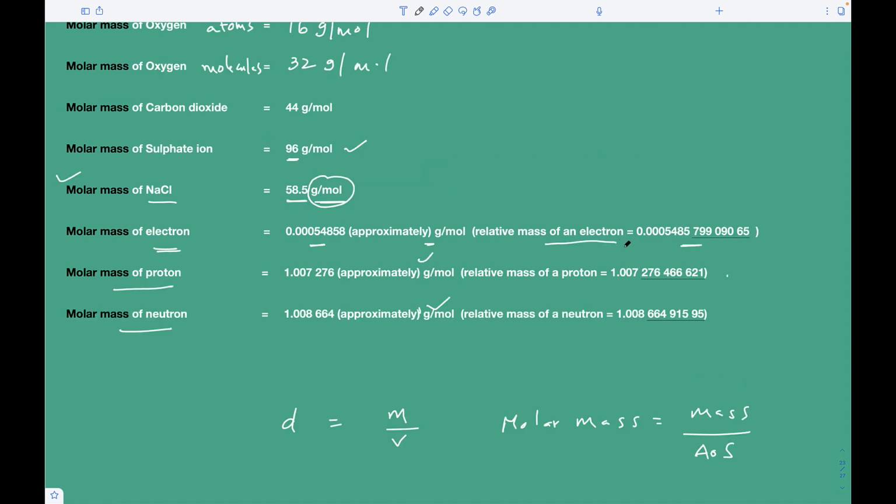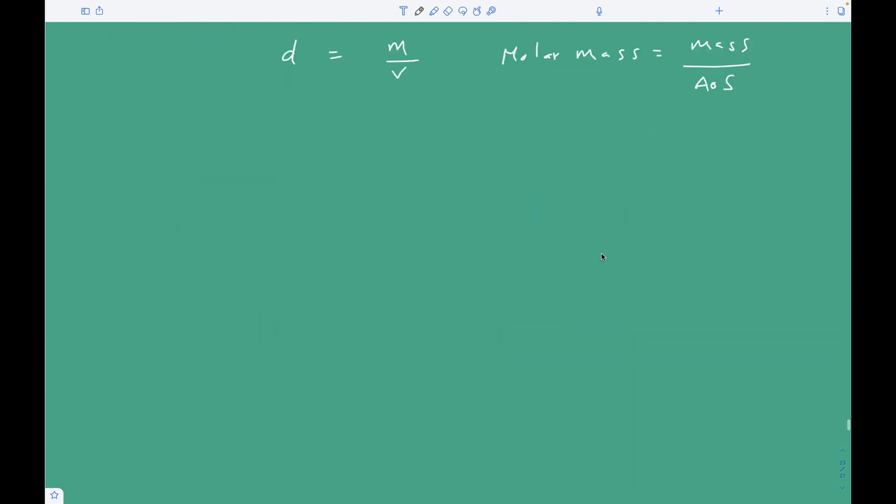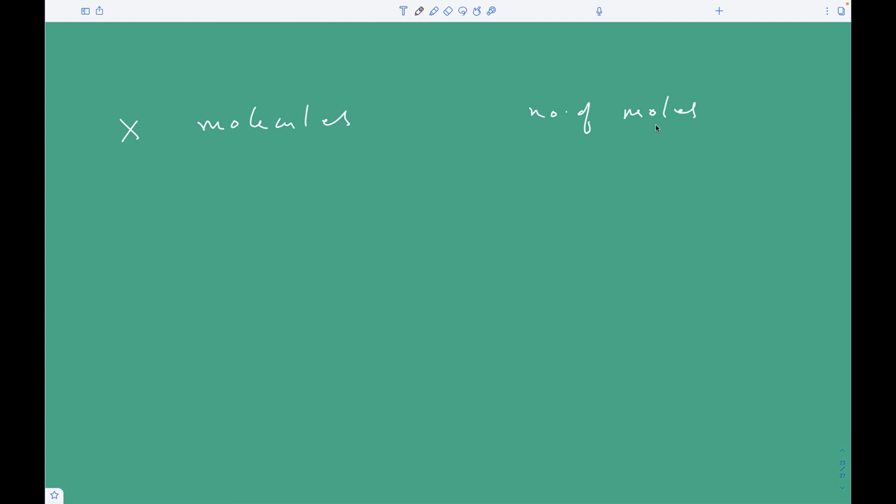And here is one last thing I would like to explain before we end this video. Say we have X number of molecules of a substance and we wanted to know the number of moles present in it. Here I am using mole in the old sense, that is molecular weight in grams. By using some simple reasoning, we can understand that 1 mole of all molecular substances contain the same number of molecules.